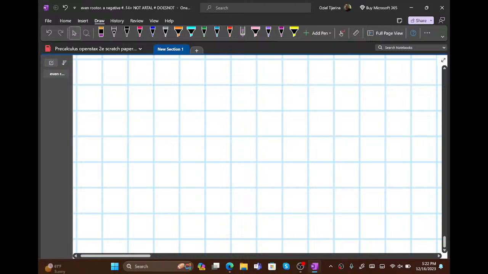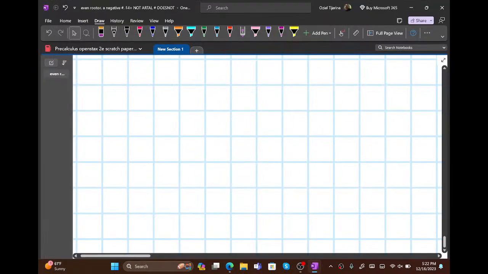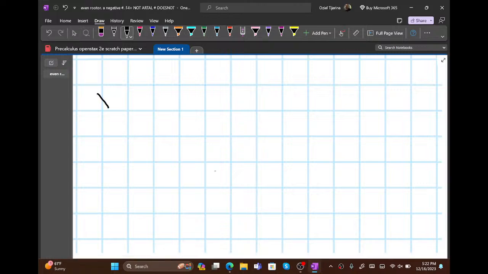For the next one, it was x greater than or equal to a. So x greater than or equal to a means that the number line representation is all real numbers.